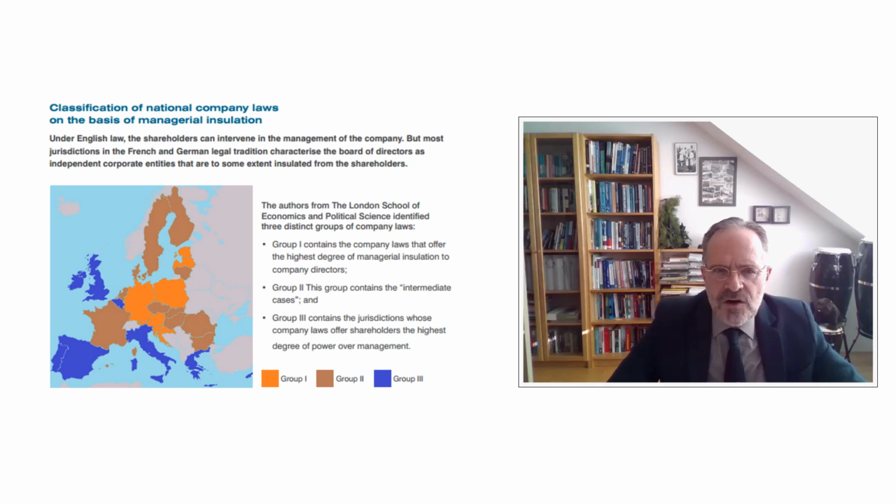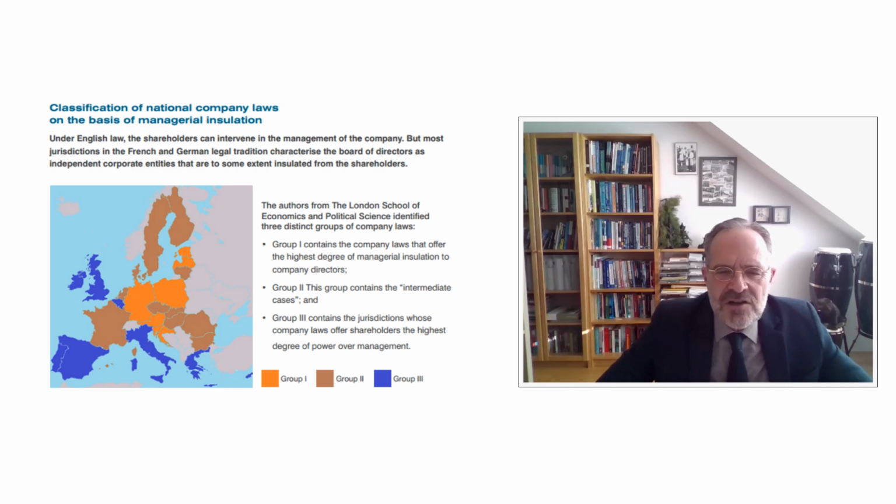Here you have that overview of national company laws, and the complicated words used here are managerial insulation, but what you see is three groups. In group 1, the orange countries, the effect of shareholders on management is limited.